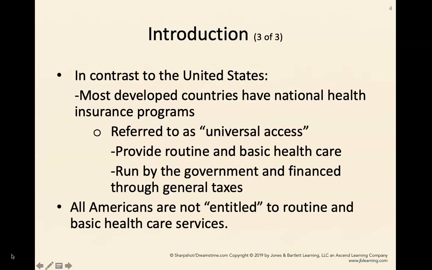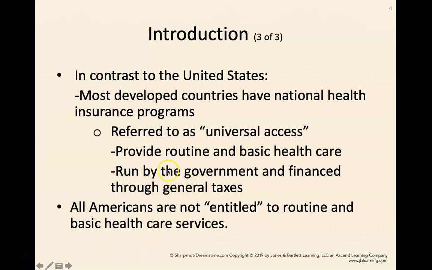So I alluded to this in the first slide. In contrast to our country, the United States, most developed countries have national health insurance programs, and they're also referred to as universal access. Universal access is simply defined as having the infrastructure to provide routine and basic health care.